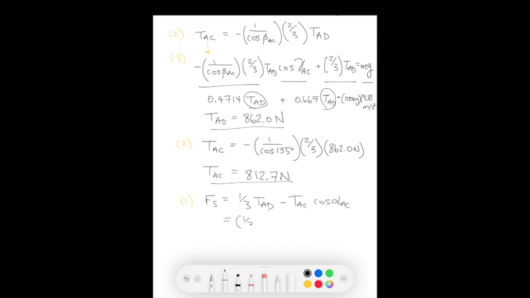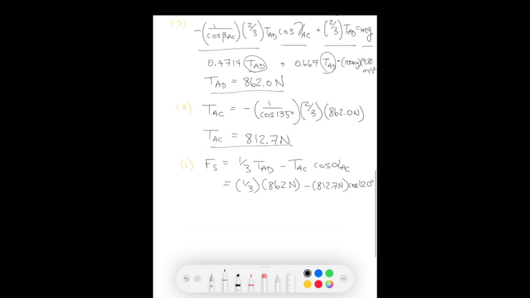Plug the values in. Now interestingly, cosine of 120 degrees is negative, so this will actually become positive. So we'll see that the final value is that the force of the spring is equal to 693.7.